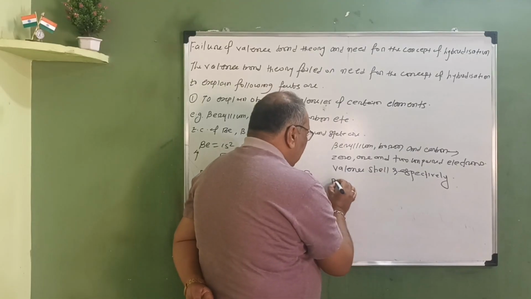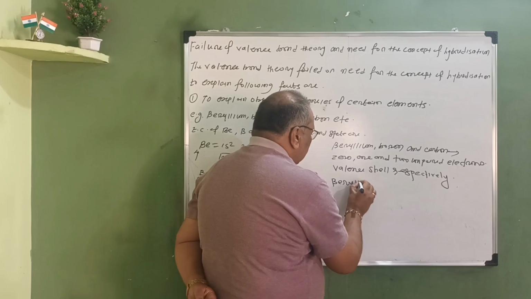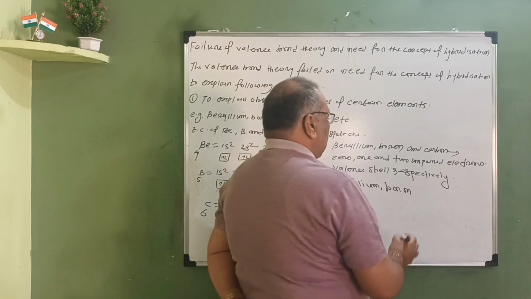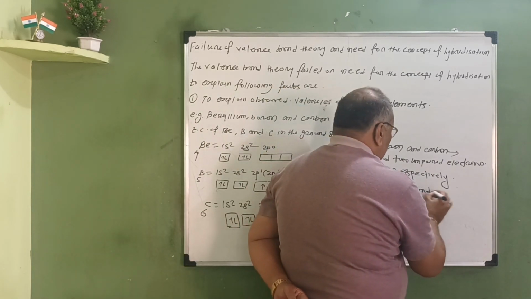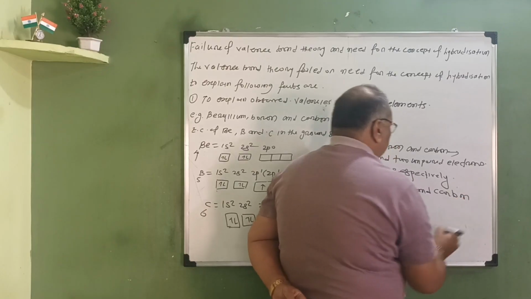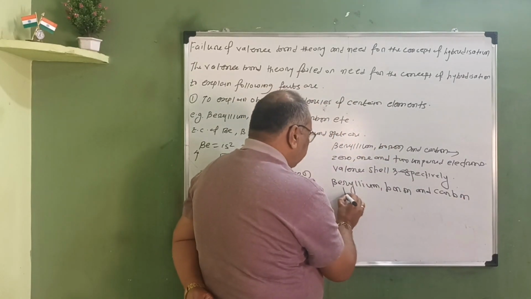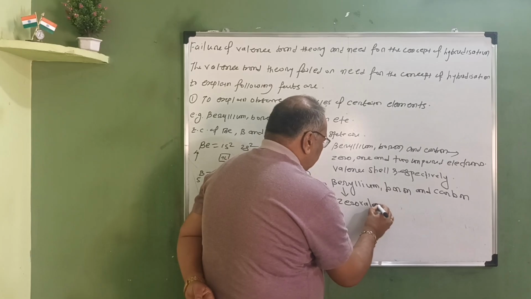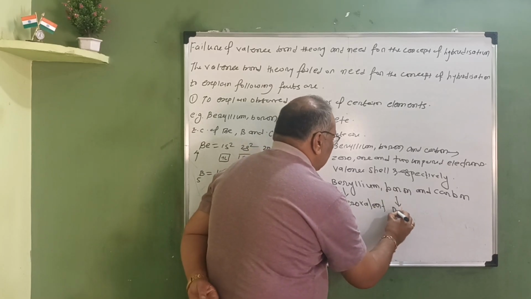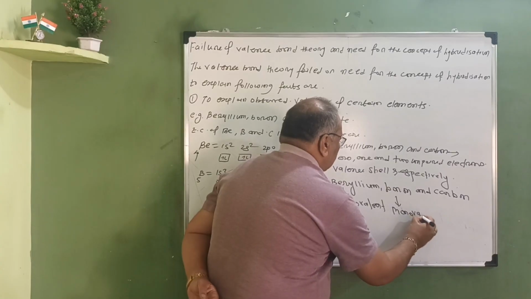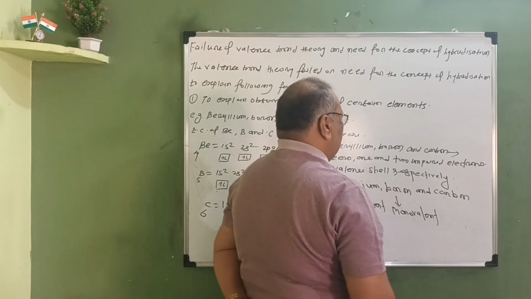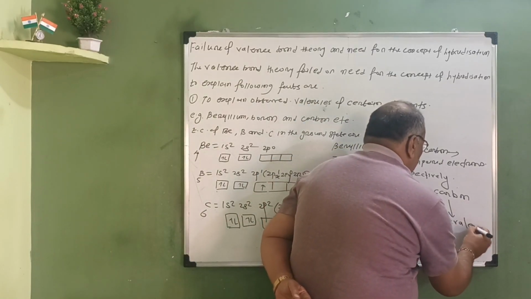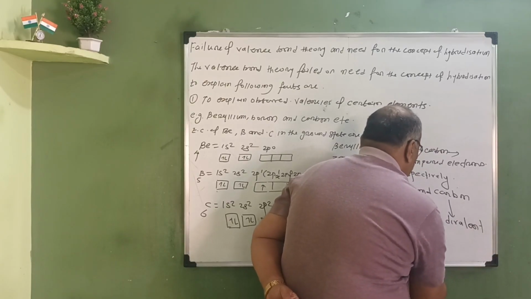That means here beryllium, boron and carbon should be zero valent, monovalent and divalent respectively.